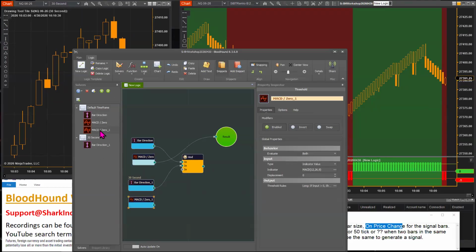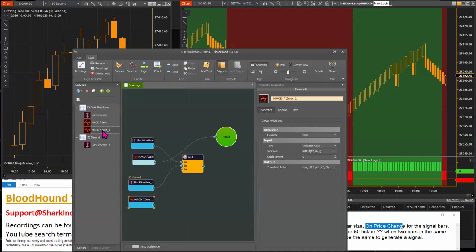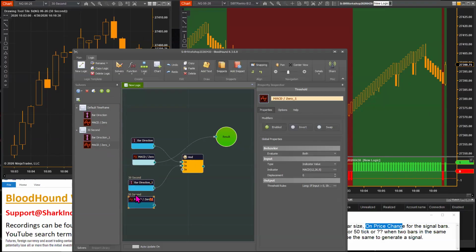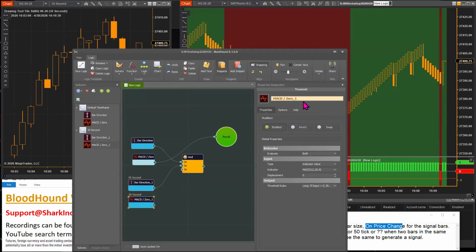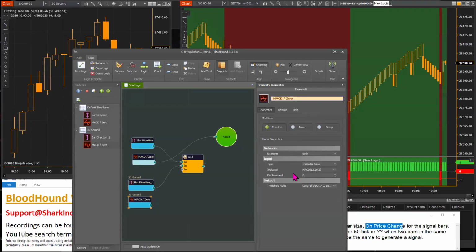And so for this secondary one here, you can either use the arrow buttons there, or you can just drag it down here. There we go. So I'm going to put this one on the 30-second time frame. And there we go. We can see the label up top there. There. Adjust the name.